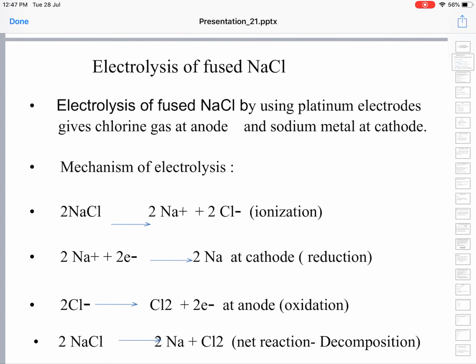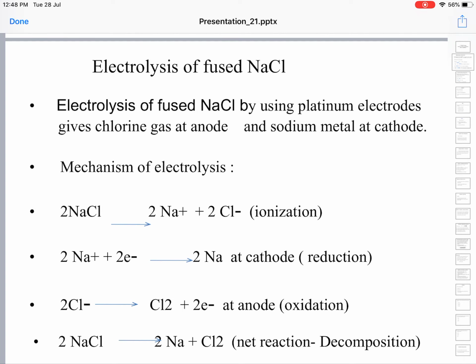So the net reaction is 2 NaCl, two molecules of sodium chloride, decomposing into 2 sodium atoms and chlorine gas, Cl2. So the net reaction is decomposition.